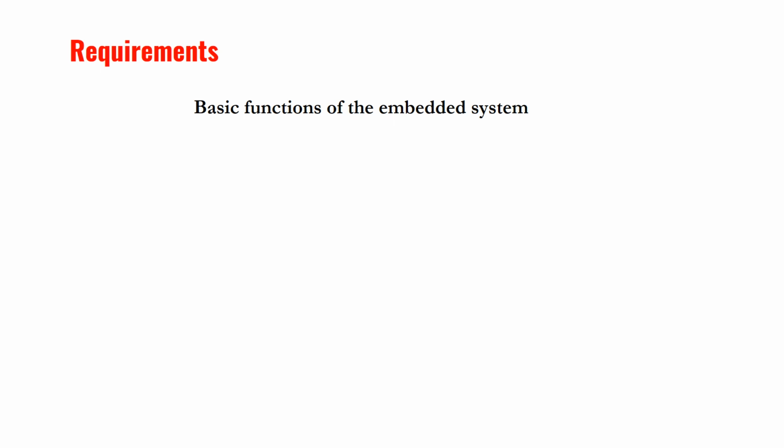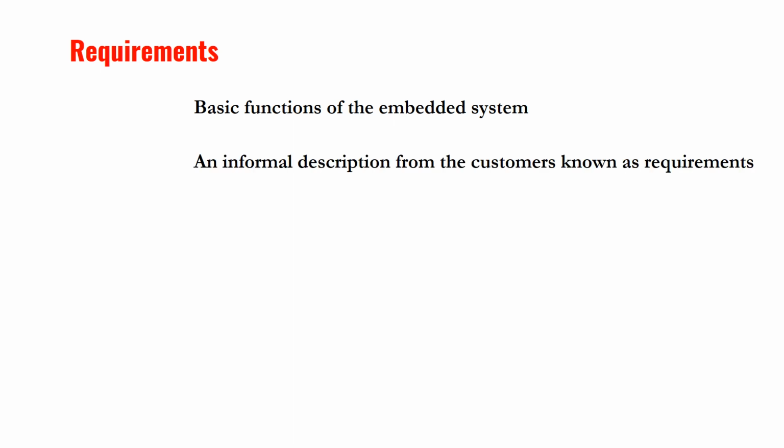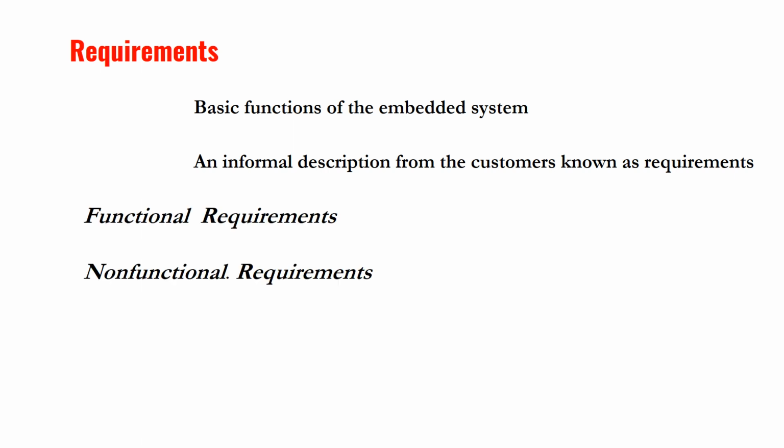The plain language description of what the user wants and expects to get may be developed in several ways. It can be by talking directly to the customer, talking to the marketing representative, or providing a prototype to the user for comments. So a requirement may be a functional requirement or a non-functional requirement.